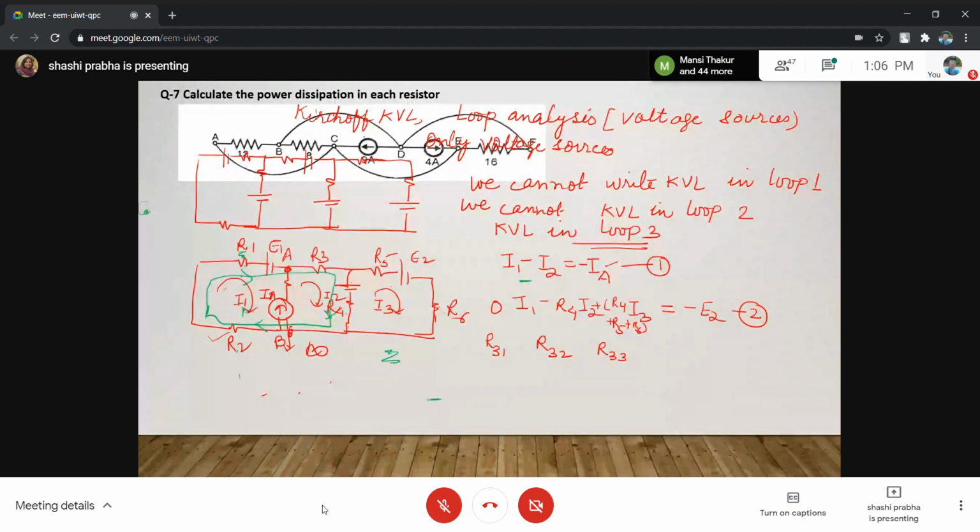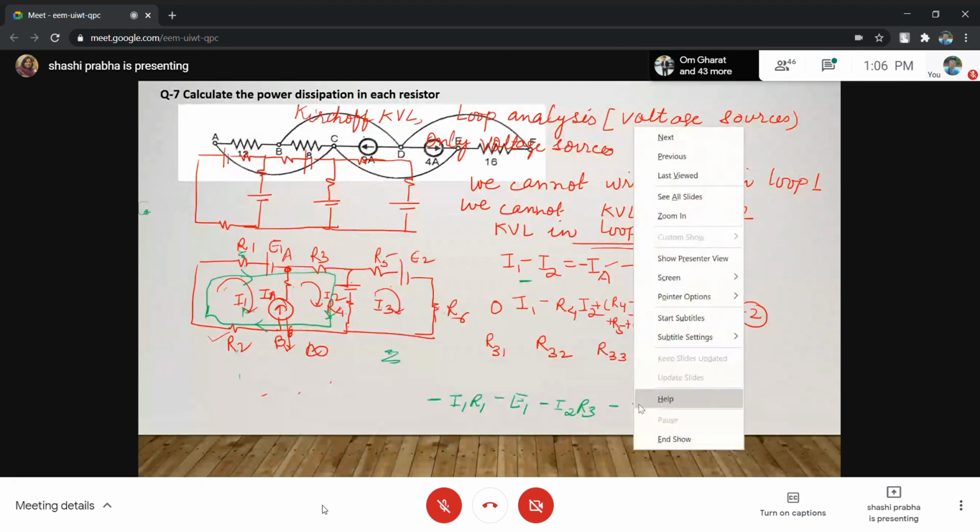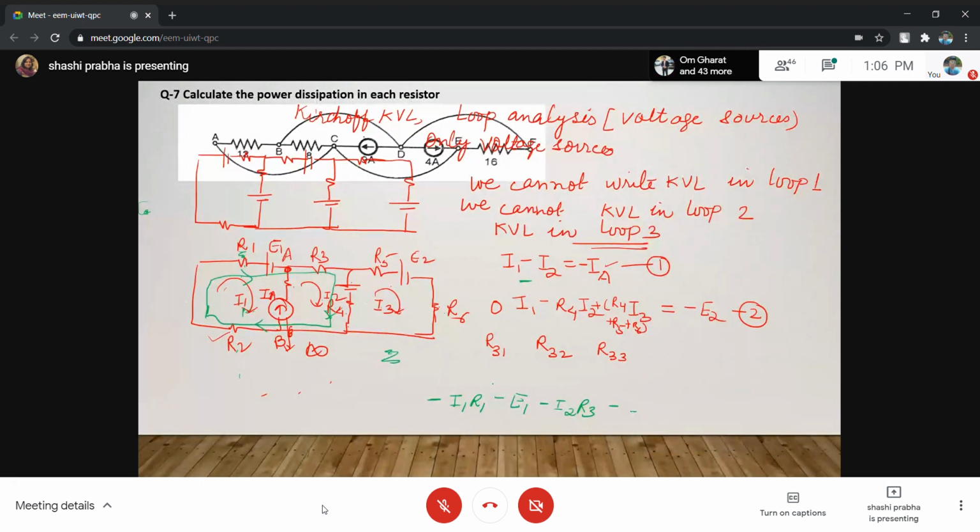So this is minus I1 R1 minus E1 minus I2 R3 minus E2, this is E3. Say this voltage is E3. Minus E3 minus R4.